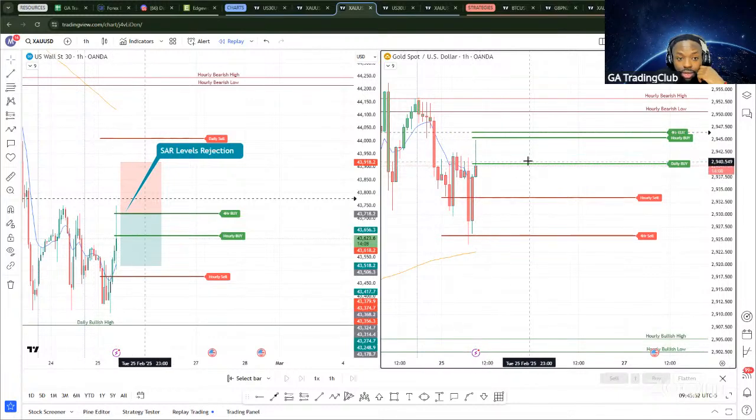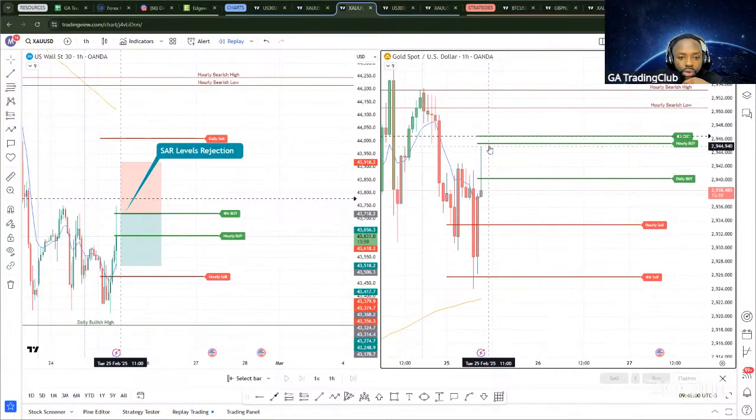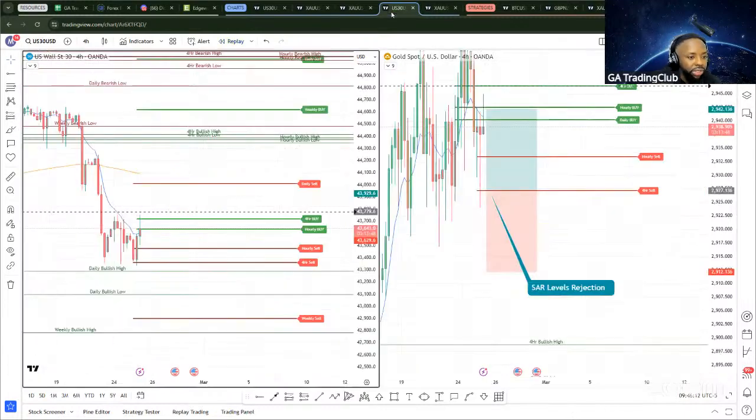It wouldn't satisfy the confluence that requires you to sell in a red zone or to buy in a green zone. So unless we come back up here between 1944 and 1946, and you can see we have a double rejection area there between those two zones, unless gold comes back up here and gives us a rejection entry, I don't see anything.